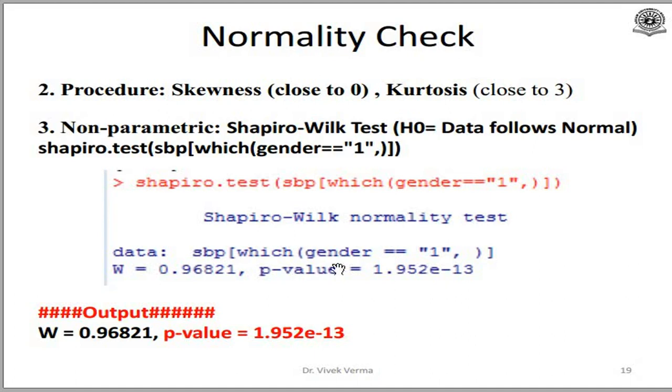The p-value is very much smaller than 0.05. It says that it may be possible that as a whole the systolic blood pressure follows the normality assumption, as we have seen in our depicted picture, but in the case of males, it does not follow normality and is following a non-normal distribution.